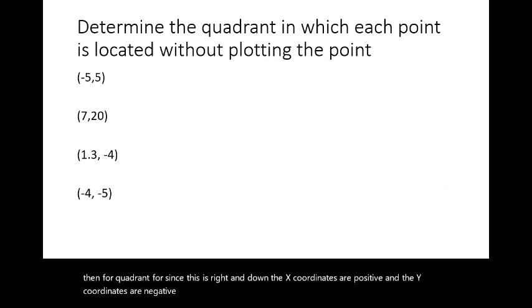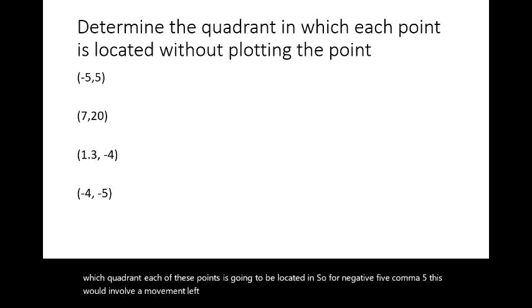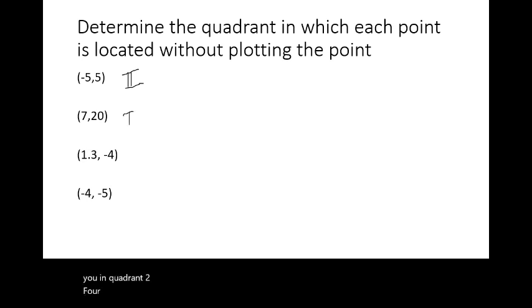Without graphing, you can graph if you want to, but without graphing, we're going to figure out which quadrant each of these points is going to be located in. For negative 5, 5, this would involve a movement left 5 and up 5. Movements left and up would put you in quadrant 2. For 7, 20, both of these coordinates are positive.